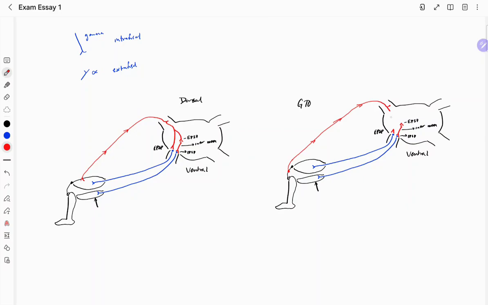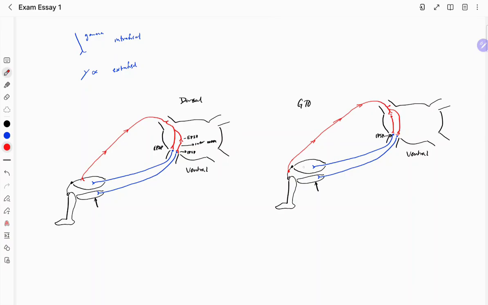Oh, and now we're going to flip-flop this, where we have an interneuron here going back to the same muscle, and that is ultimately going to cause an IPSP for the muscle that's contracting, and an EPSP for the antagonistic muscle.